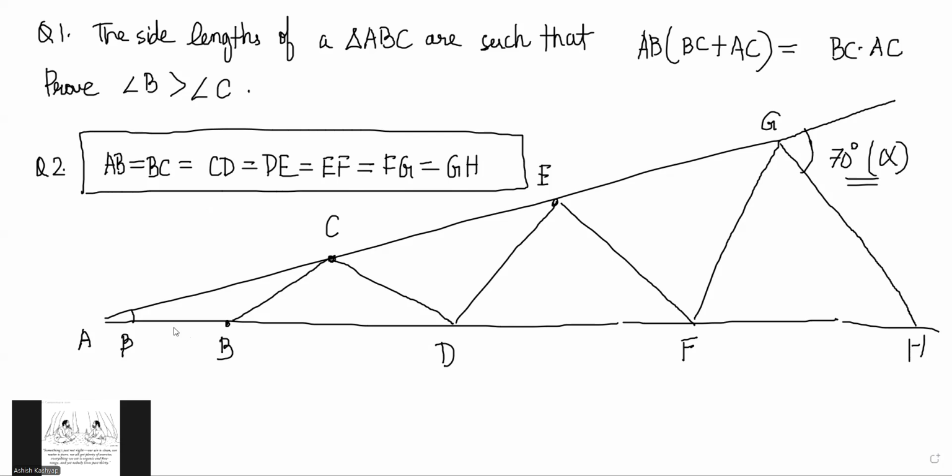Even if it doesn't look like that in the figure, you have to assume that all of this is same. You have to find out angle beta. Try these two problems.